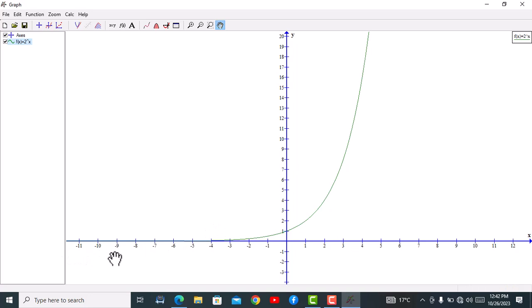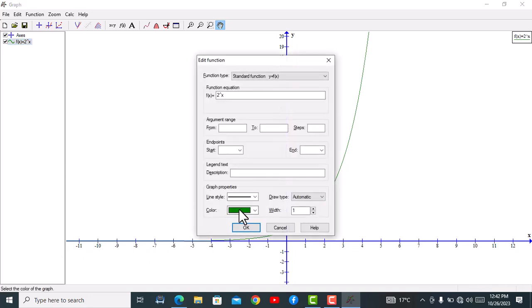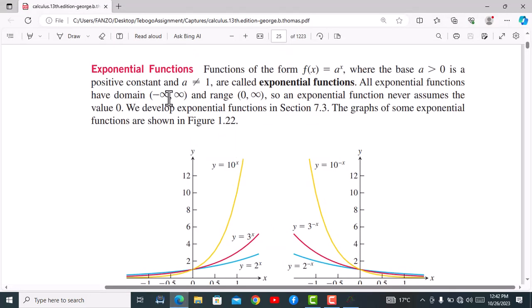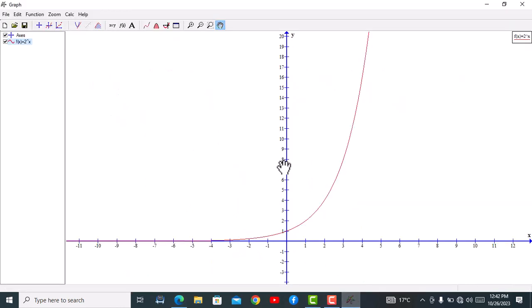Let me use a different color, such as red. Oh, there it is. They say the domain is negative infinity to positive infinity, and there it is.